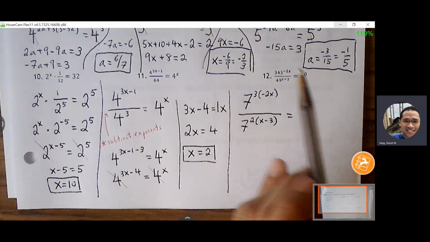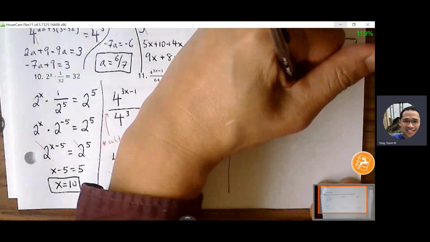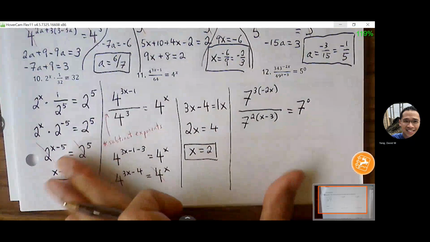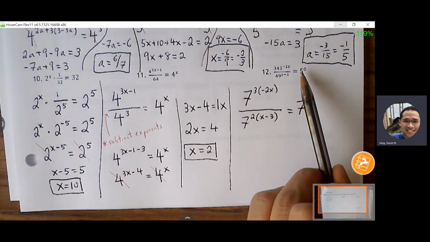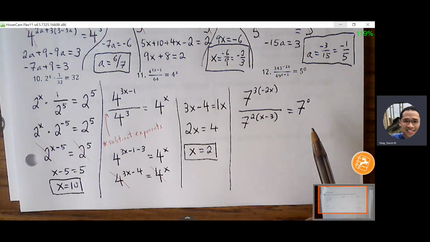5 to the 0 is 1, but so is 7 to the 0. So we have that flexibility to use a different base, especially if it's something simple like a 1.